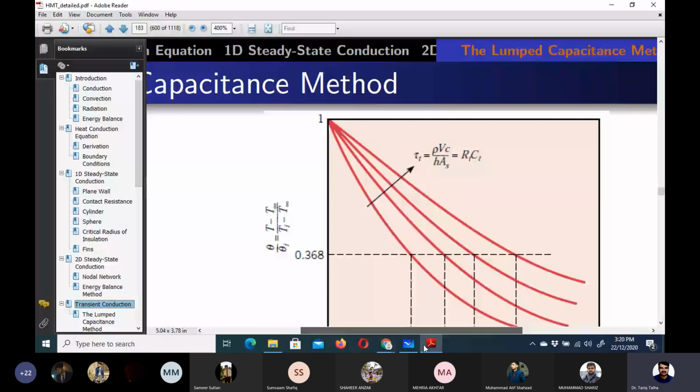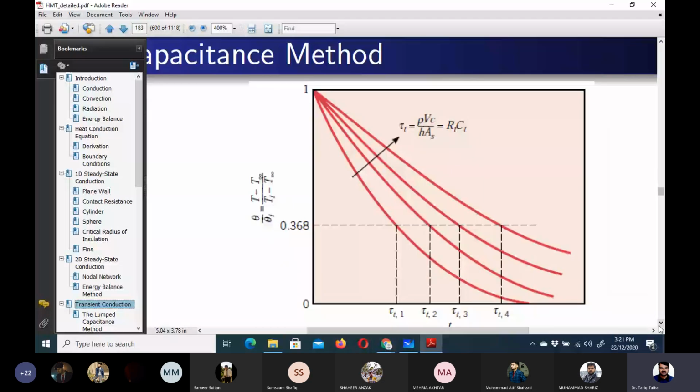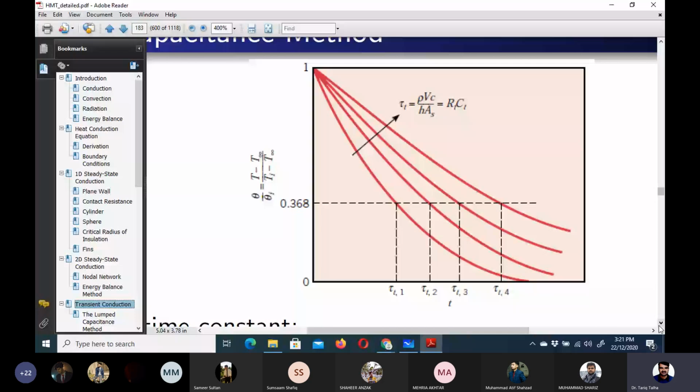Now if you look at this graph, on the x-axis we have time and on the y-axis we have the temperature ratio theta upon theta I. At the beginning, when time is equal to 0, theta is equal to theta I. So all the curves would start at 1, because theta would be equal to theta I at time t equal to 0.